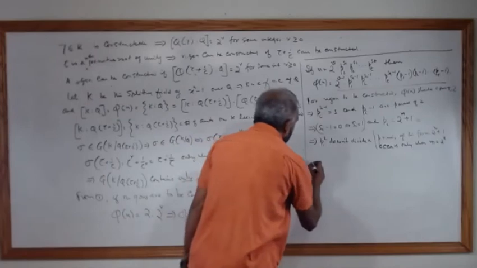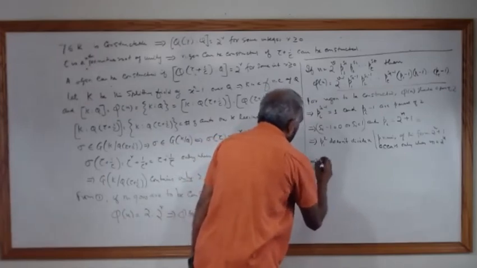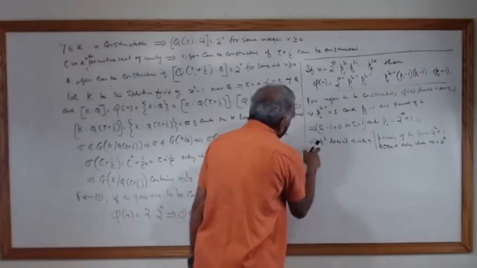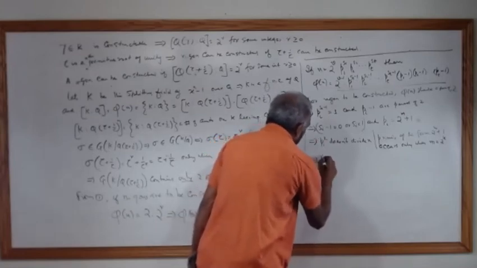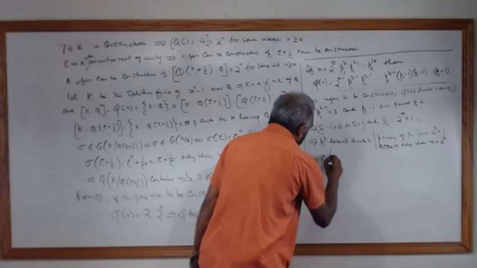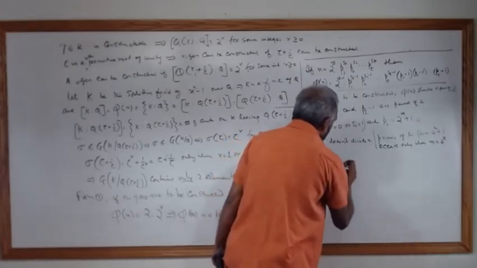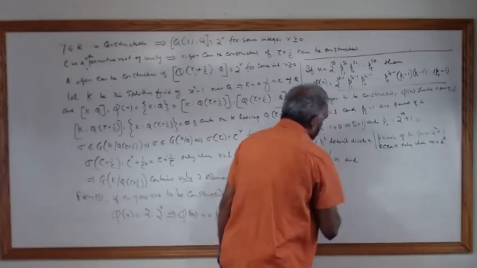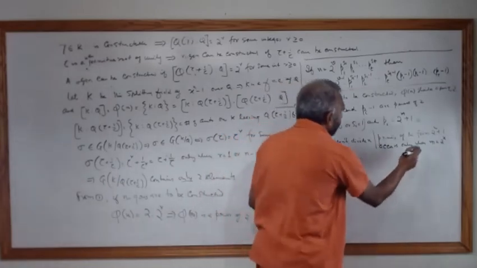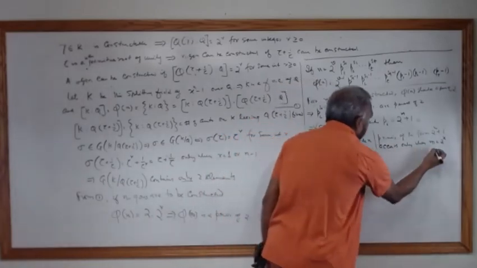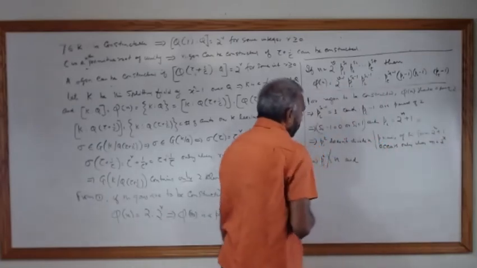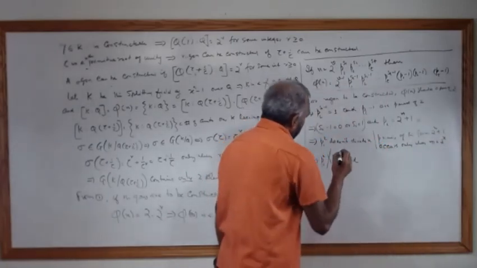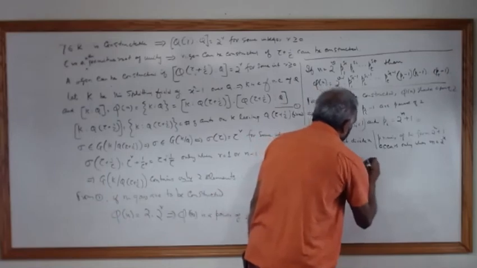So combining these two, for all primes other than 2, that is the pi's, pi square does not divide n, and when it is of this form, it is called a Fermat prime.